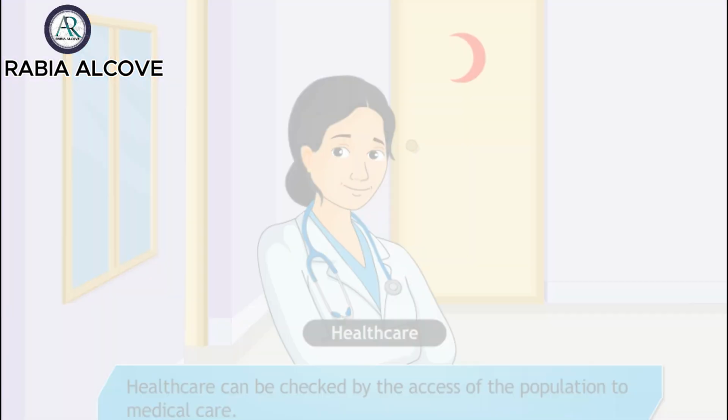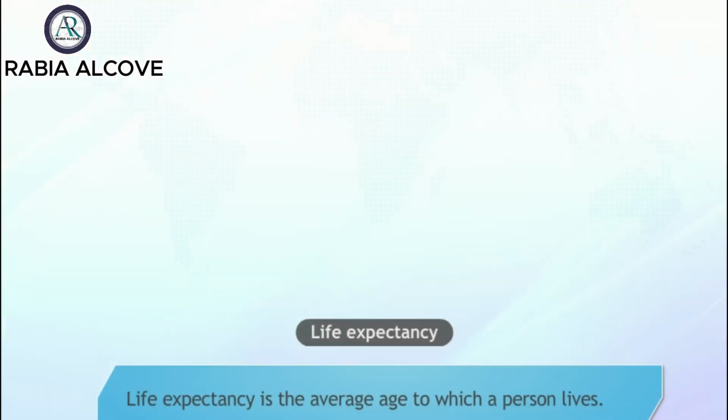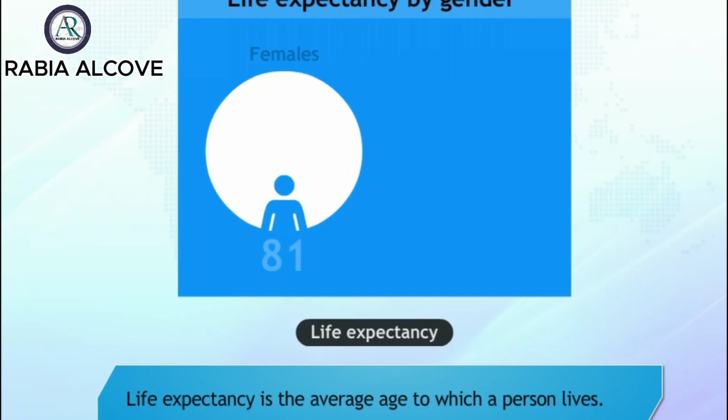Education is measured keeping in view the population's access to education, the level of available education, number of students undertaking each level of education, whether education is free or not, and the literacy rate. Life expectancy is the average age to which a person lives.